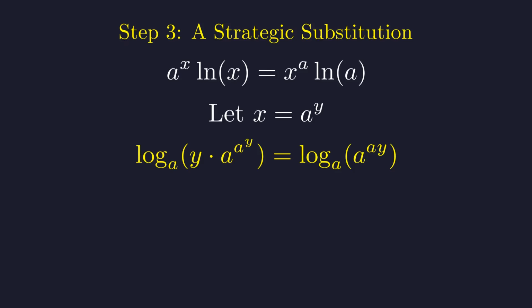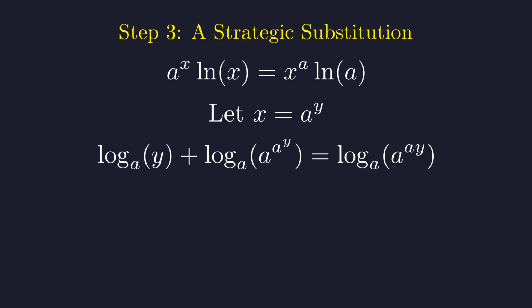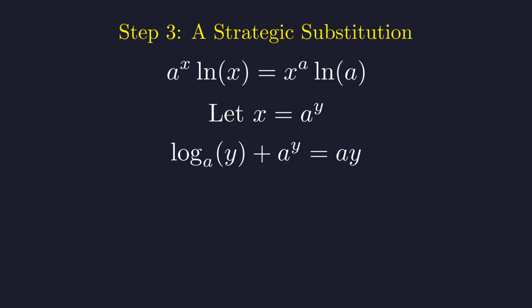The log of a product equals the sum of the logs. This splits our left side into the logarithm of our new variable u, plus the logarithm of this exponential tower. Now here's the beautiful part. Logarithms and exponentials with the same base are inverse operations, so they cancel out perfectly. And we get this remarkably clean equation. The logarithm of our new variable u plus an exponential equals a linear term.